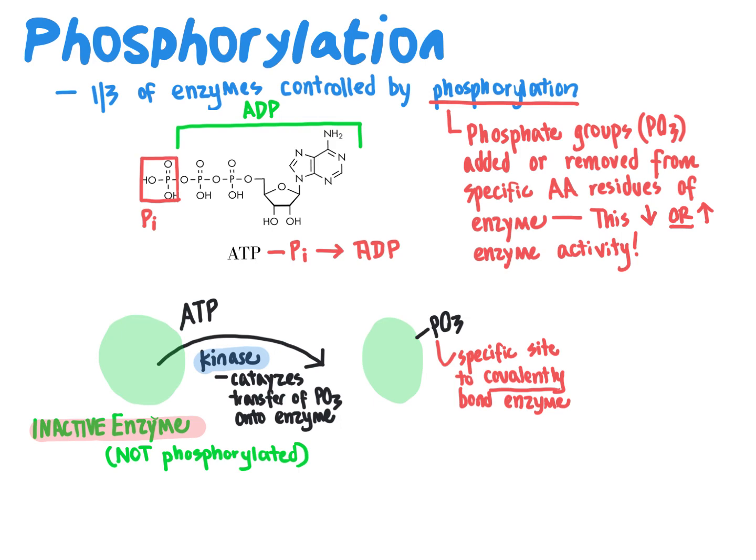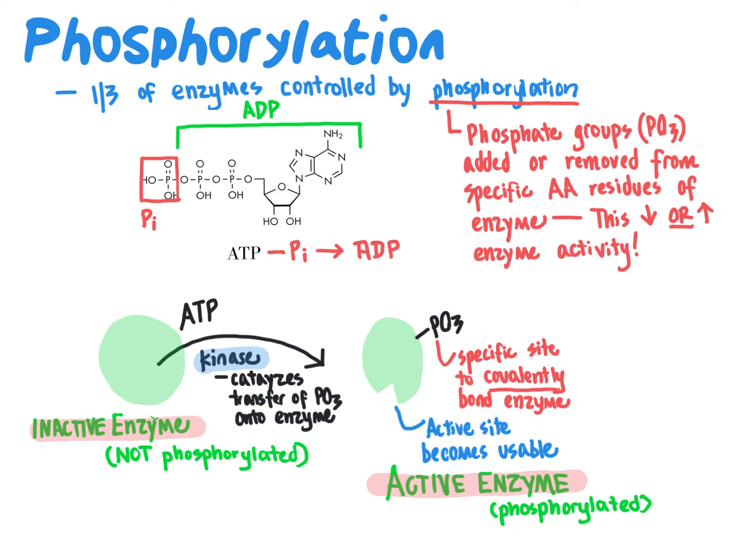And with that bonding at a specific site, what happens is some structural change of the enzyme, such as carving out an active site here, as a result of adding that PO3 group. Hence, the enzyme goes from becoming inactive over here on the left to, once it's been phosphorylated on the right, being an active enzyme.